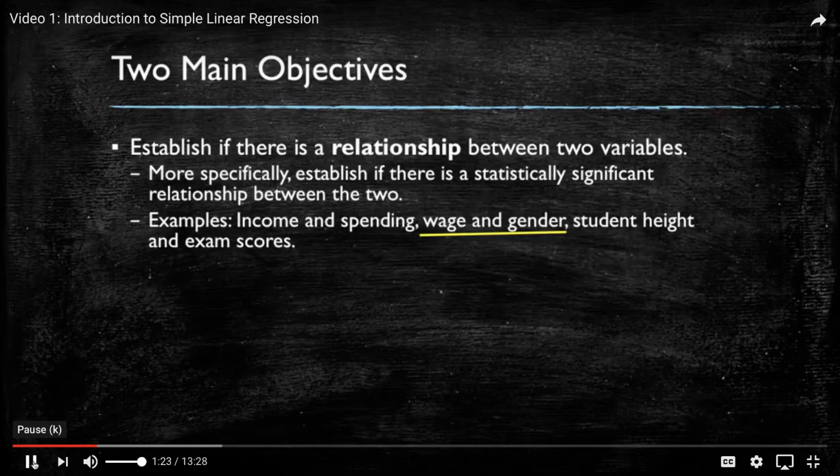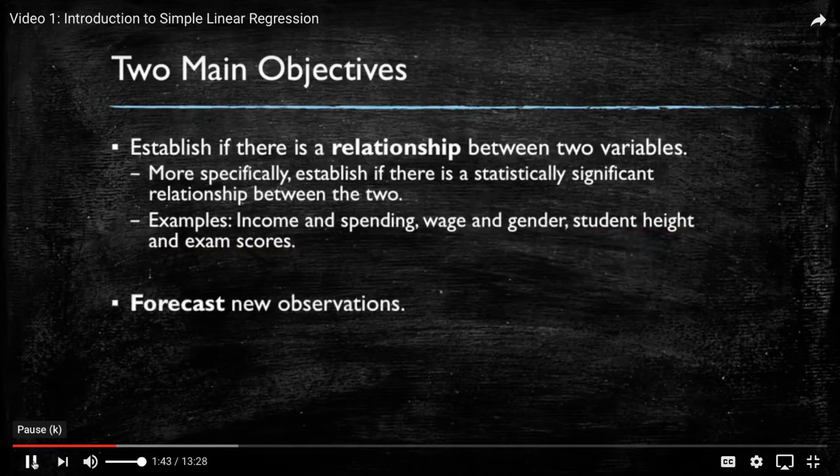But we can actually use regression models to test if that relationship exists. Another example that I hope you find odd is the relationship between a student's height and that same student's exam scores. We should expect no relationship to exist, and we can use our regression models to test that.